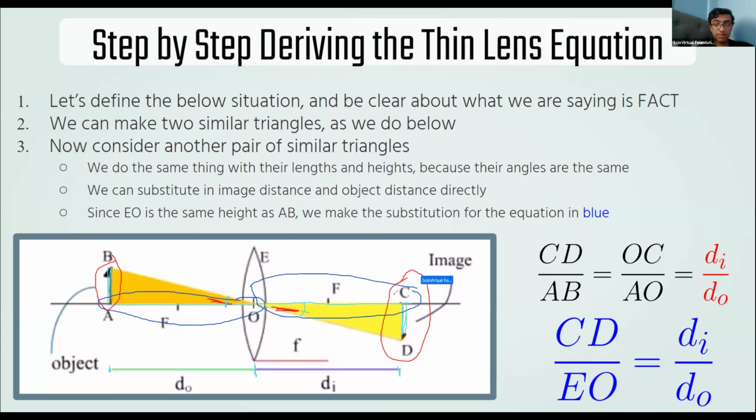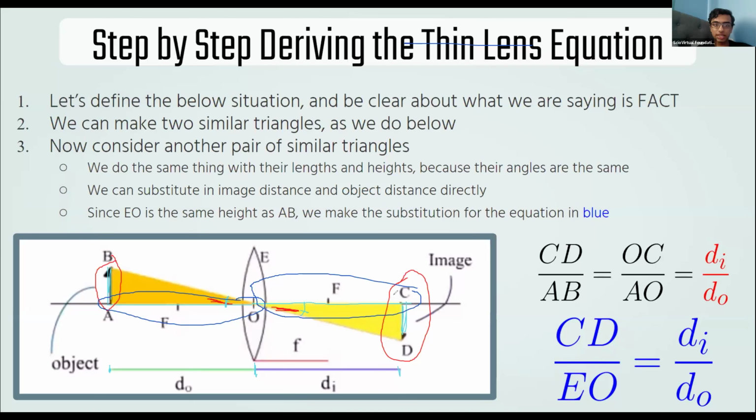CD over AB is the same as OC over AO. They are proportional to each other. And we also know that DI is the same as OC and DO is the same as AO. That's what we assumed from the beginning. So CD over AB equals DI over DO.